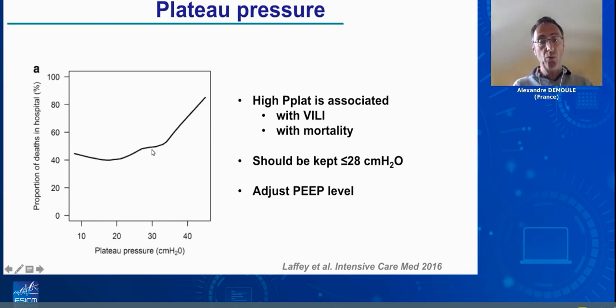And you can see that when plateau pressure increases too much, then mortality really increases. This is probably because high plateau pressure is associated with a high prevalence of ventilator-induced lung injury. And we know from many studies that plateau pressure should be kept below 28 centimeters of water, and then we need to adjust PEEP level to reach these targets.